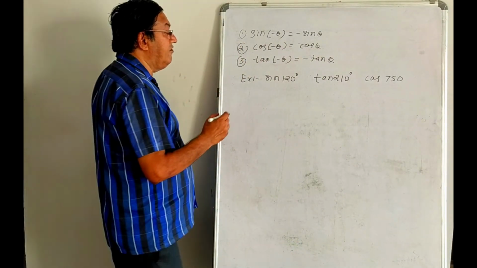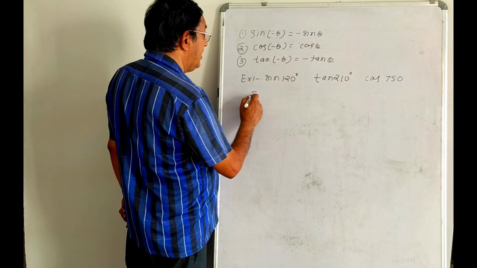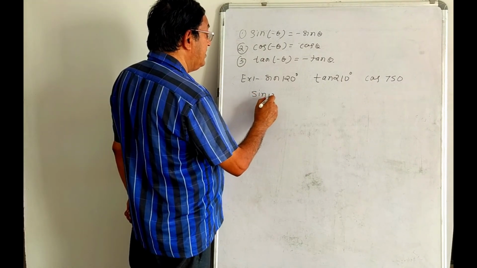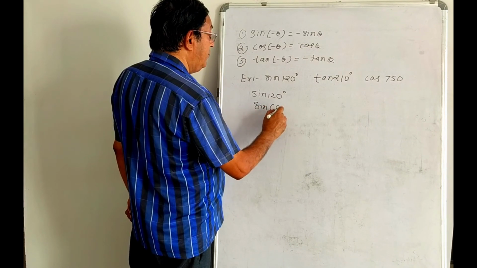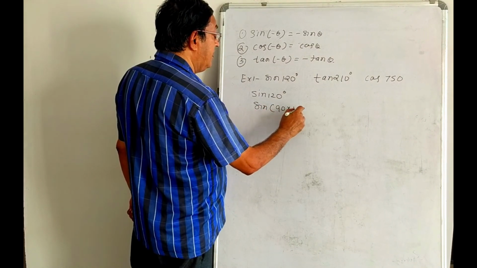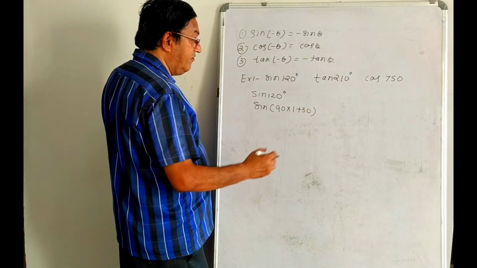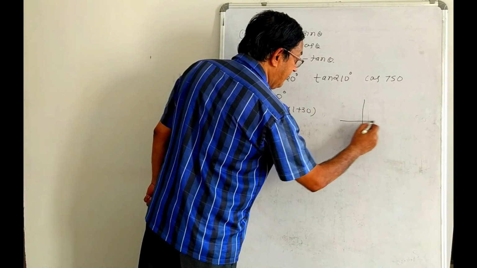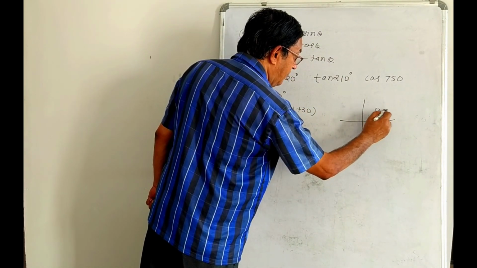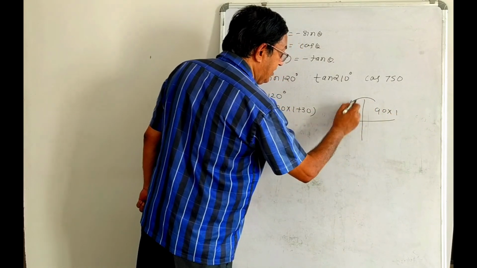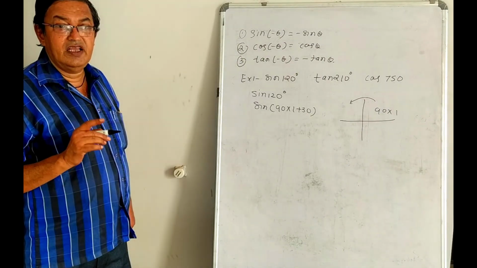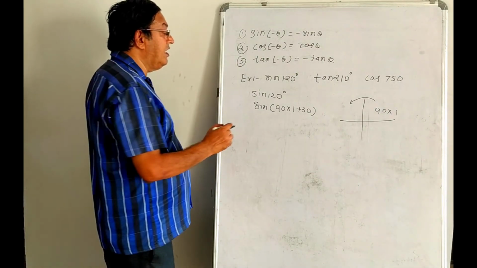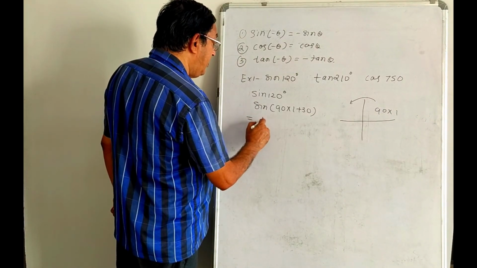First one is sine of 120. We can write sine of 120 as sine of 90 into 1 plus 30. Where does it come? This is 90 into 1 plus 30, it comes to second quadrant. In second quadrant, sine is positive. So here the result will be plus.